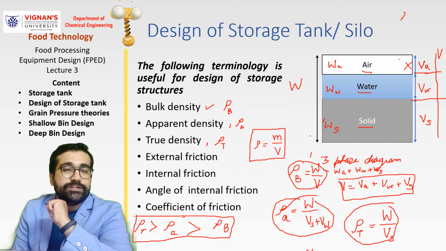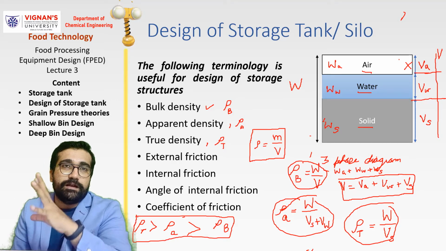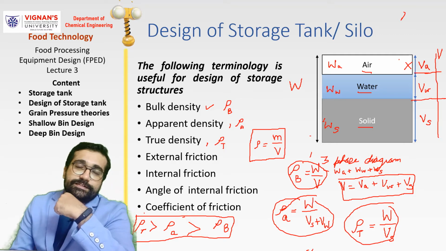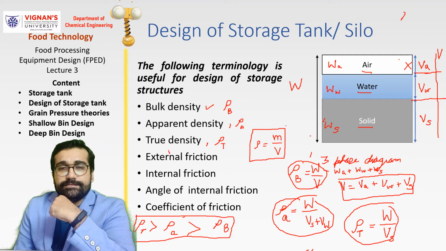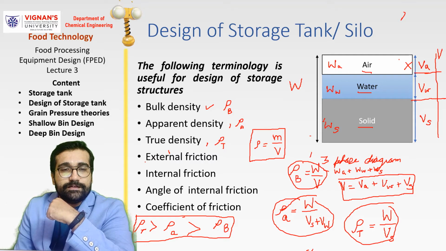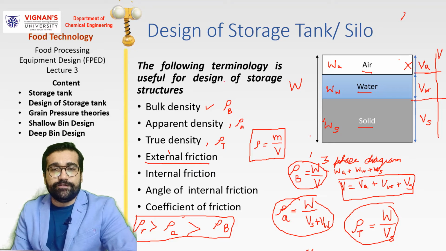So this is the relationship between the true density, bulk density and apparent density. Okay, so after densities comes external friction. Let me clear everything first.